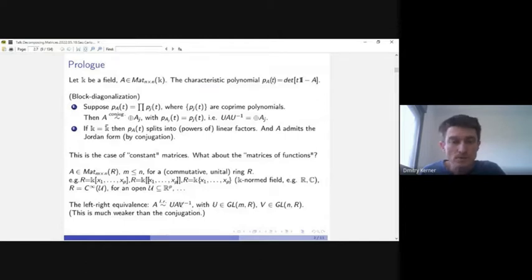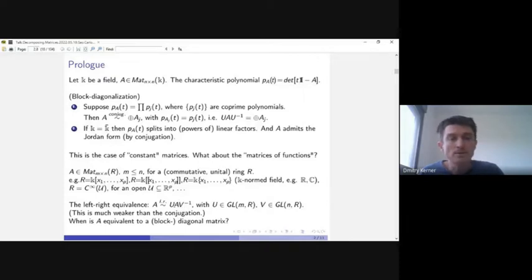And of course, this equivalence is much weaker than the conjugation. Usually in the classical linear algebra, with such an equivalence, we immediately get the Gauss normal form, and that's it. It's not so interesting in the classical linear algebra. And when you work with matrices of functions, then even this equivalence is rather interesting, and the questions are rather non-trivial, even for such an equivalence.